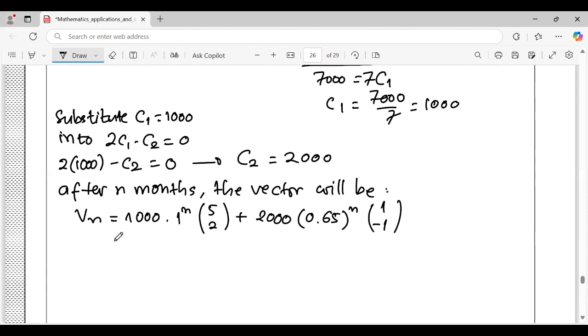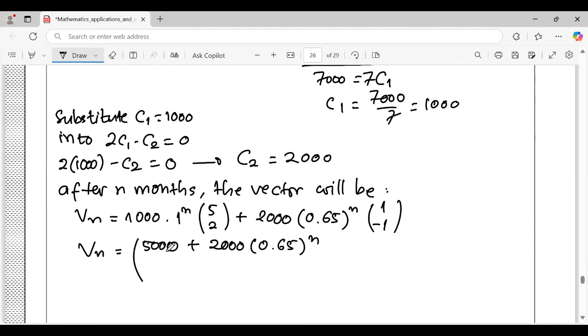Since 1 to the power n is 1, 1,000 times 5 is 5,000, plus 2,000 times 0.65 to the n.